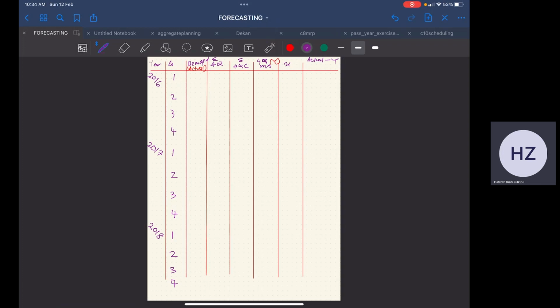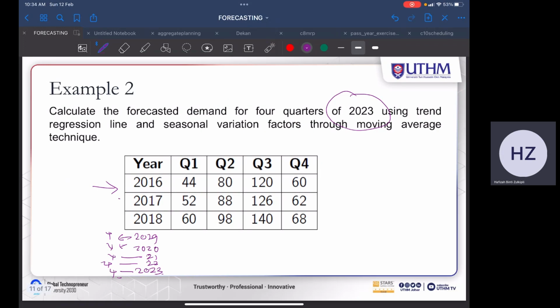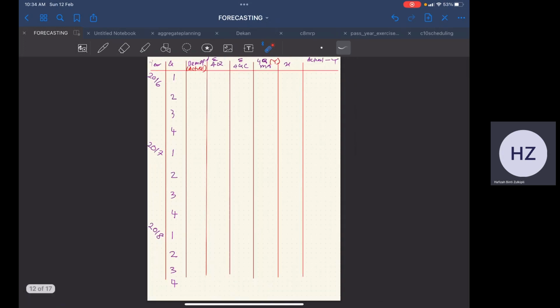Then the demand from this: you have 44, 80, 120, 60 for 2016. So rearrange this into the vertical table here. We have 44, 80, 120, 60.